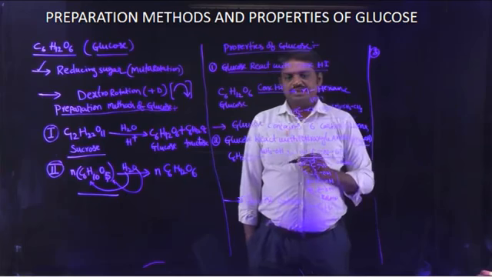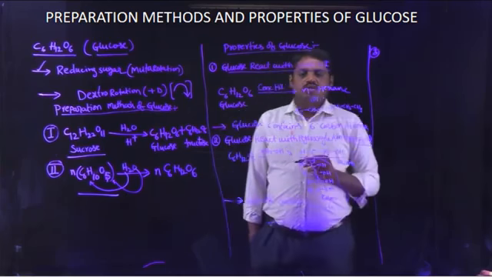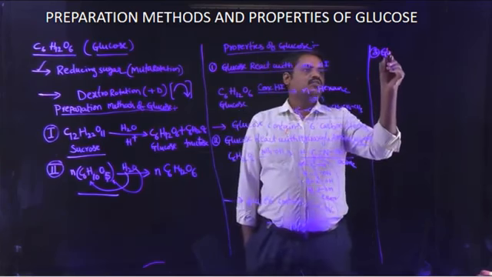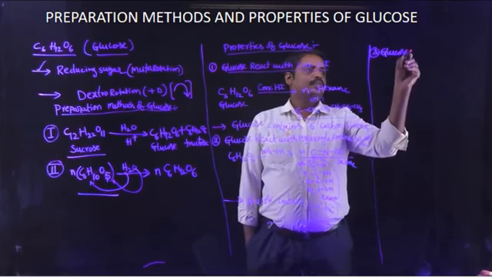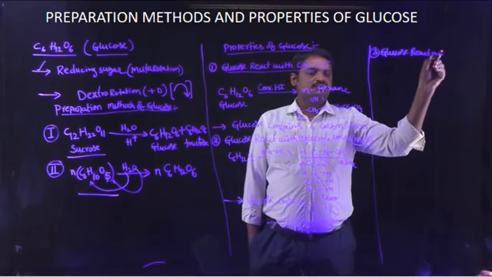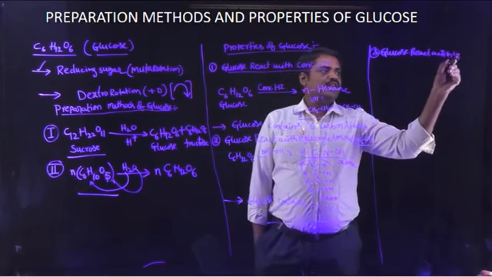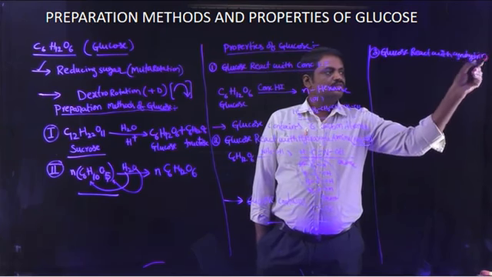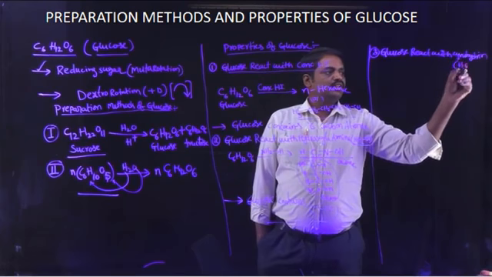And the next one, the third property, is glucose reacting with cyanohydrin, HCN.